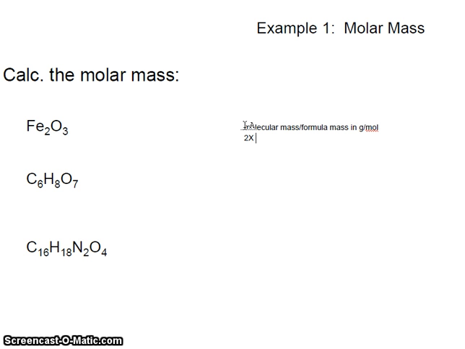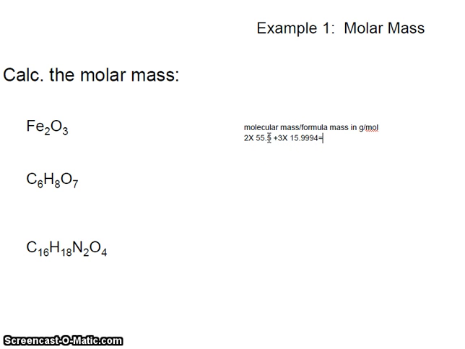So 2 times the 55.5 for iron plus 3 times the 15.9994 is going to give you, when you work the math for that, the final answer at 158.9982.